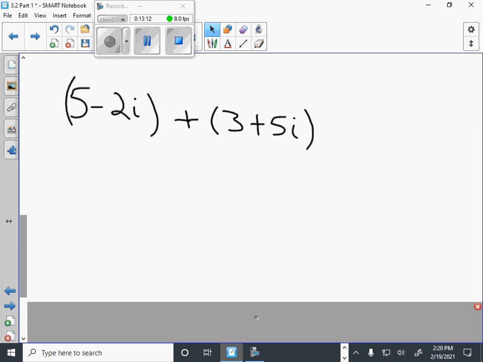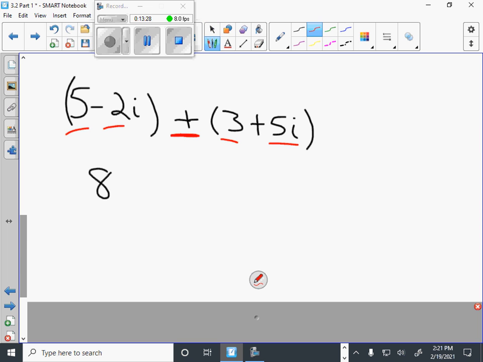We can't add anything together unless they're like terms. Well, if they have an i with them, they're a like term. So here we have a plus, so we can just add right across. 5 and 3, that gets me 8. Negative 2i and 5i, that gets me positive 3i.